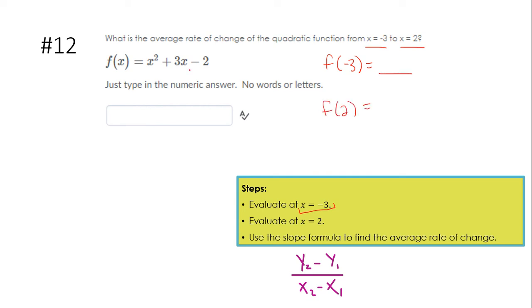Then I'm going to do the same thing and plug in 2 wherever I see an x. This is going to give me my y1 and my y2. This is my x1, this is my x2. You're going to plug those values into your slope formula, and that is going to give you your answer for your average rate of change.